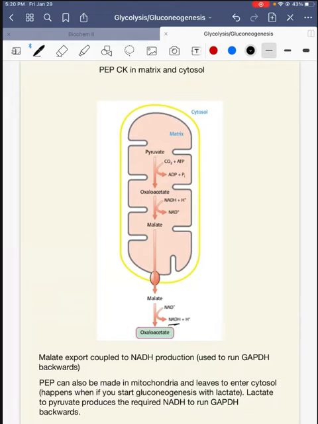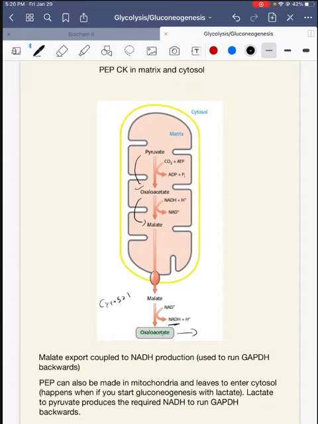So here we have pyruvate going to oxaloacetate. So this is your pyruvate carboxylase. And then oxaloacetate can go to malate. So this is malate dehydrogenase. And then malate can be exported, and then it can be converted to oxaloacetate in the cytosol.